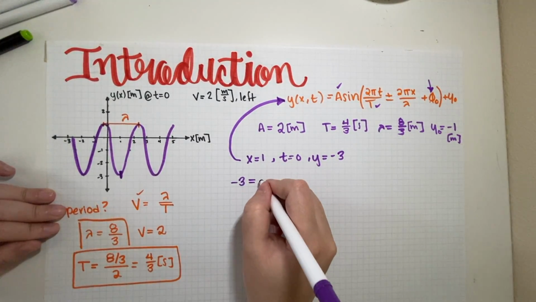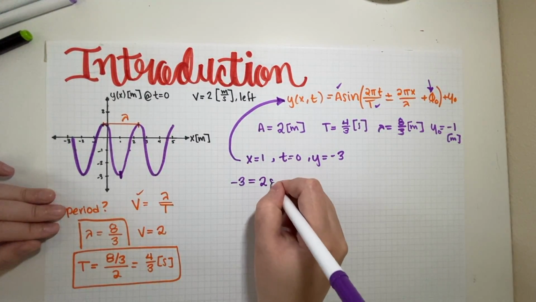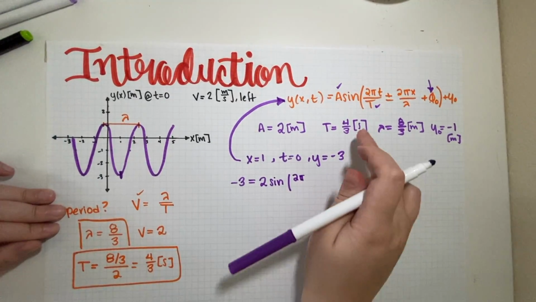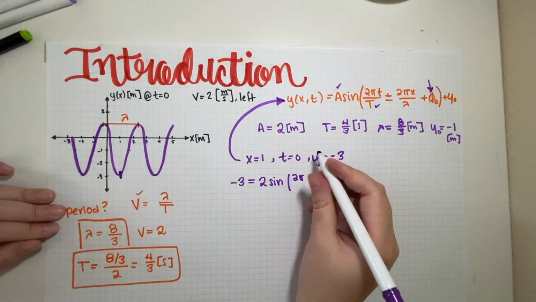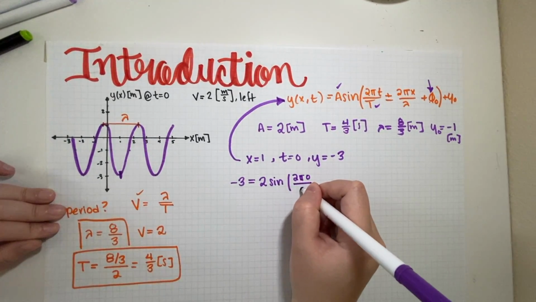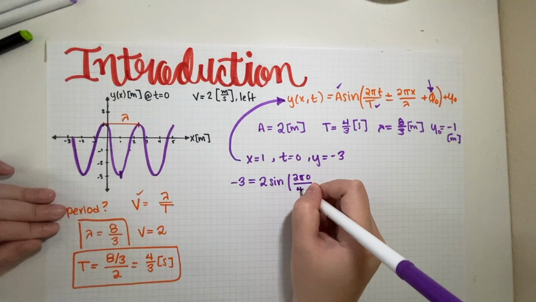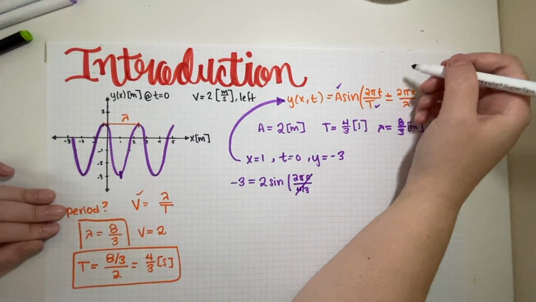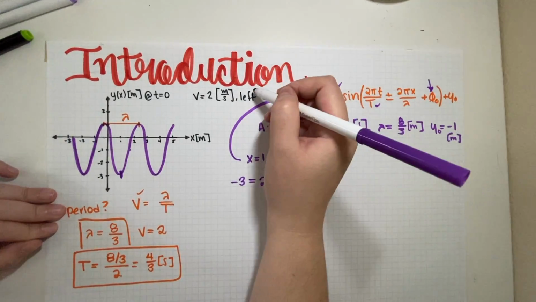And this is equal to 2 amplitude sine 2 pi time, in this substitution is equal to 0 divided by 4 thirds, but this is all 0. And then, we didn't do this. So is this left or right? This is left.